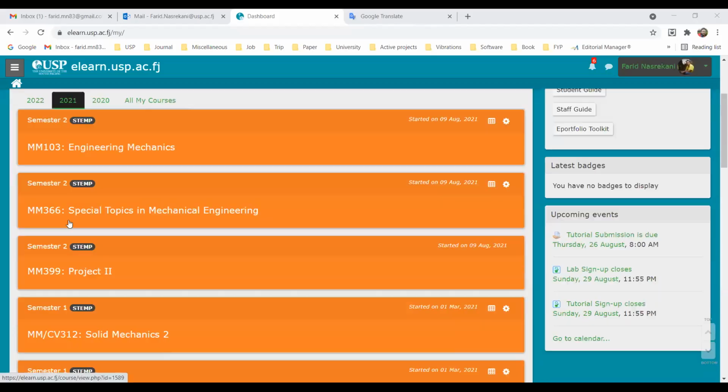Okay, so let me show you how to calculate and solve the algebraic equations here. Let me first share my, here, this is my Moodle page.